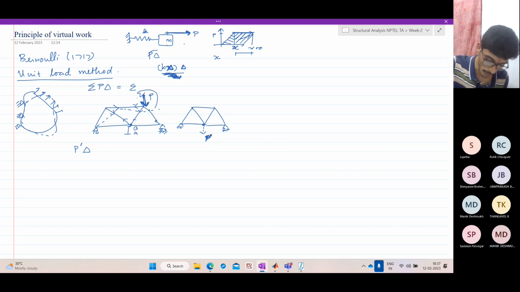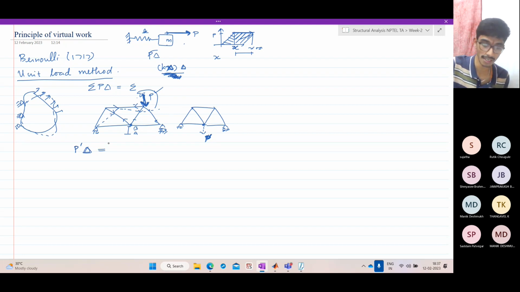So this force, when this force is applied first and this force is applied second, as the structure deforms under this load, this point will displace. But there is already an imaginary, a virtual force acting at this point. So the work done by that virtual force on the real displacements is P dash times delta.